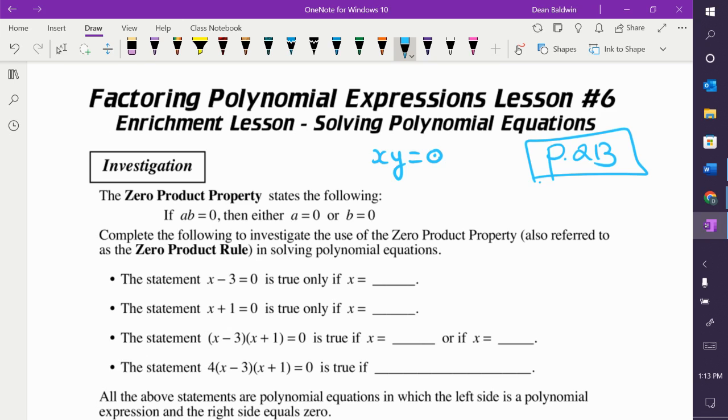So you could theoretically divide off the x and get y is equal to 0 over x. 0 divided by anything is 0. Or you could divide off the y and get x is equal to 0 over y, in which case you get 0. So one of them or both of them have to be 0. Whenever anything multiplies to 0, one or both have to be 0.